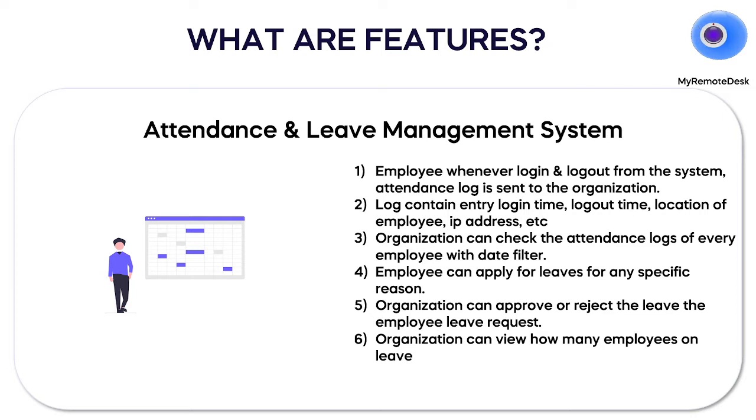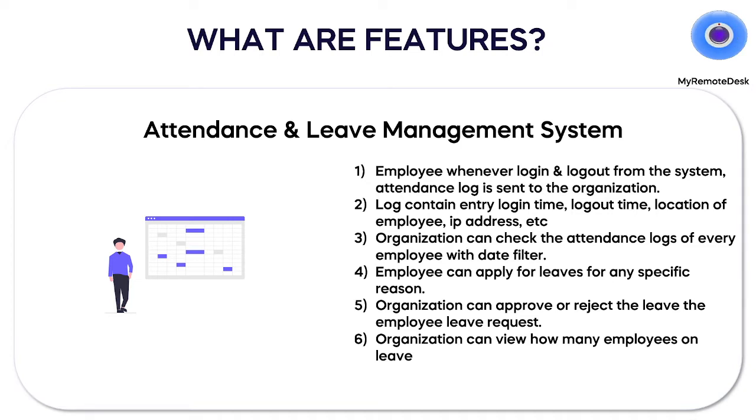Next comes the part of attendance and leave management. Attendance is simple: whenever an employee logs in to the desktop app, there will be a start monitoring button. Whenever they start monitoring, the attendance will first be logged into the system, and when they log out or stop the monitoring, that log will be sent to the organization.